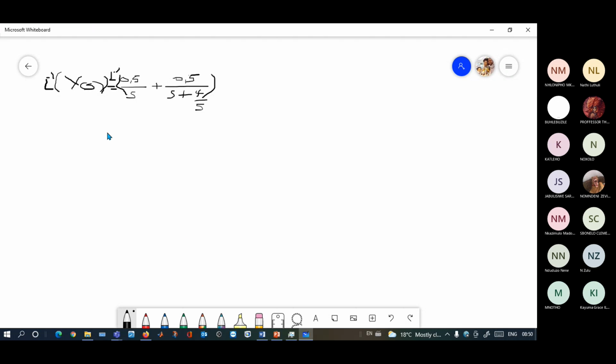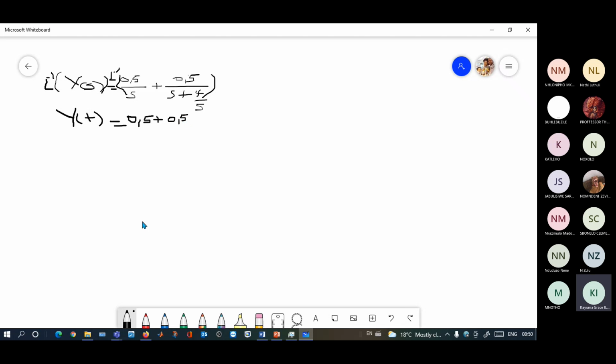So I'm going to have something like y of t, which is equal to 0.5, plus 0.5.